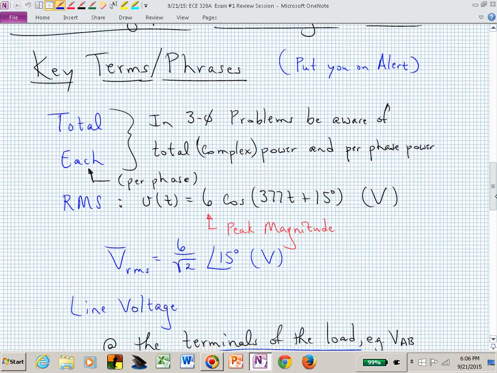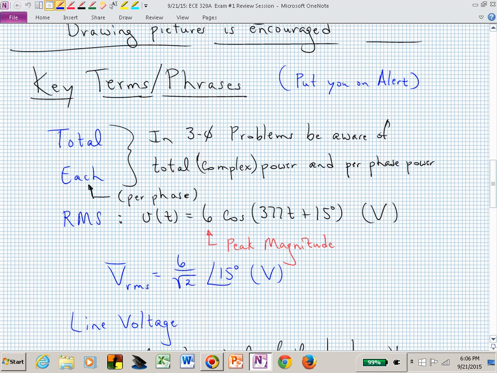What should you start to become alert on when you see, and I've tried to make these key terms or phrases in blue, in reading a problem? If you see total, that probably means three-phase, all three phases.